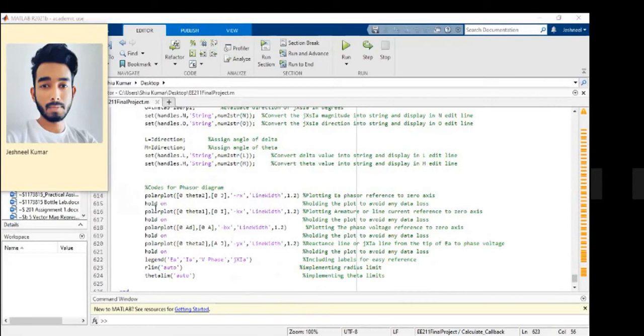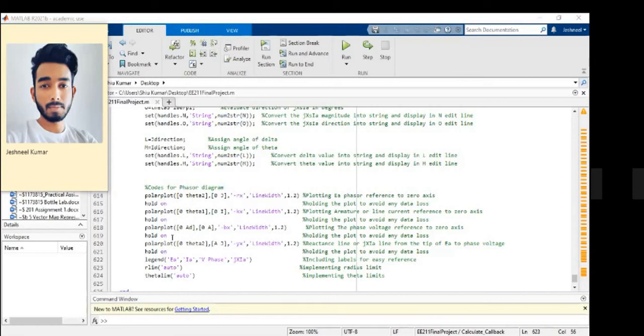A polar plot will be used since the phasor has both direction and magnitude. The first entry shows the angle, followed by the magnitude of the phasors. The first line shows the plot for the motor voltage, followed by the line current or the armature current, then the phase voltage, and lastly the reactance line. Hold on is placed in between these plots to avoid any data loss.